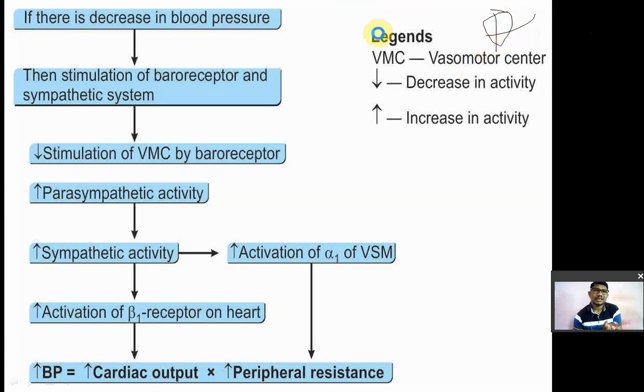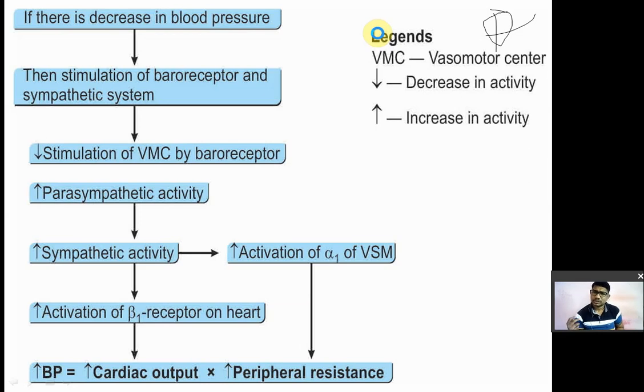These baroreceptors are nothing but a special type of receptor which are present in the aorta. जो हार्ट में aorta होता है, aorta में वो baroreceptor present होता है, and it is like a CCTV, it will monitor the blood pressure. Now if there is a change in the blood pressure, the baroreceptor will signal, because these baroreceptors are very sensitive to pressure change, and they will send a signal to the brain.